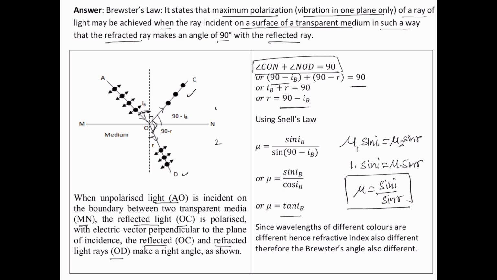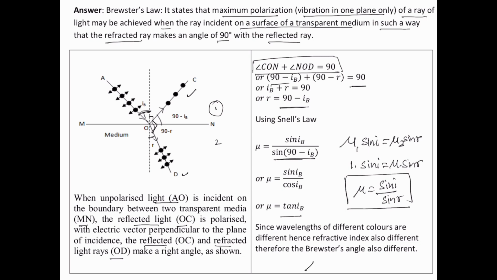So this medium is air, so it is taken as 1. Mu equals sine I, meaning sine of IB, and sine R is equal to sine of 90 minus IB. Sine of 90 minus IB is cos IB. So mu equals tan of IB. Since the wavelengths of different colors are different, the refractive index is also different.